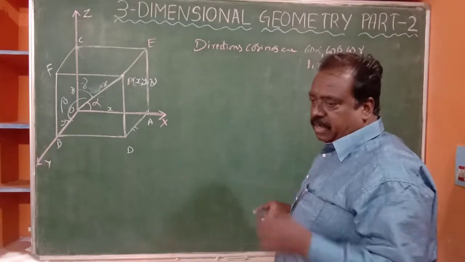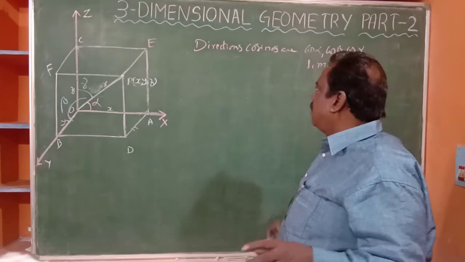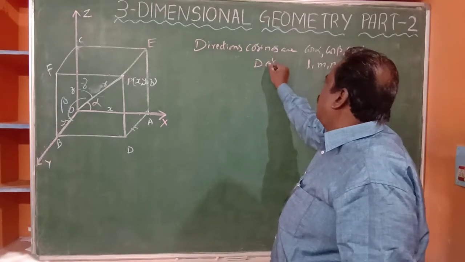Don't put them in a bracket. These are called DCs. We know it well.